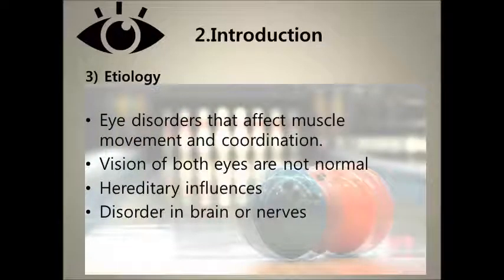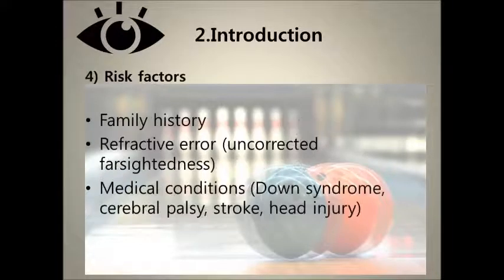Most strabismus is caused by refractive error or muscle imbalance, vision of both eyes that is not normal, or is influenced by hereditary disorders in the brain or nerves. Risk factors for developing strabismus include family history. People with parents or siblings who have strabismus are more likely to develop it.